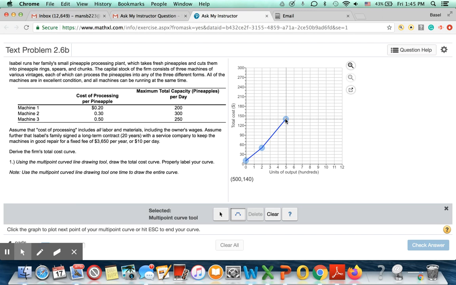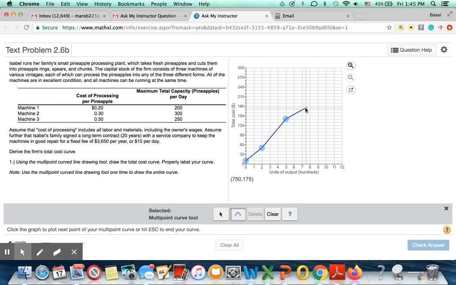And now we shift to the third machine. We already produced 500 units. 500 plus 250, the amount that we get from using the third machine, is 750, right? So this will be the total amount of output, 750. The cost of using only the third machine is 125. Why 125?